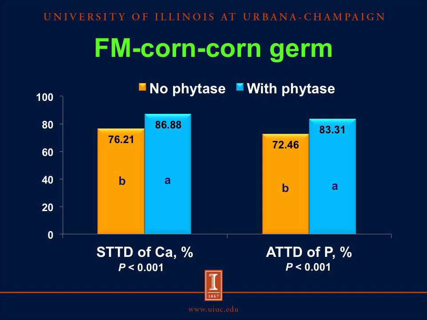Now looking at the fish meal corn germ diet, we can see that if we add phytase in the diet, the digestibility of calcium and digestibility of phosphorus increased. This is also in agreement with what we expected because phytase hydrolyzed phytate that was present in corn and corn germ. Therefore, it reduced the chance of forming calcium phytate complexes.